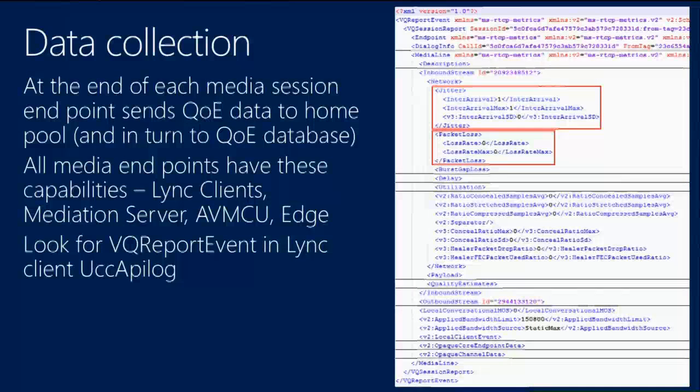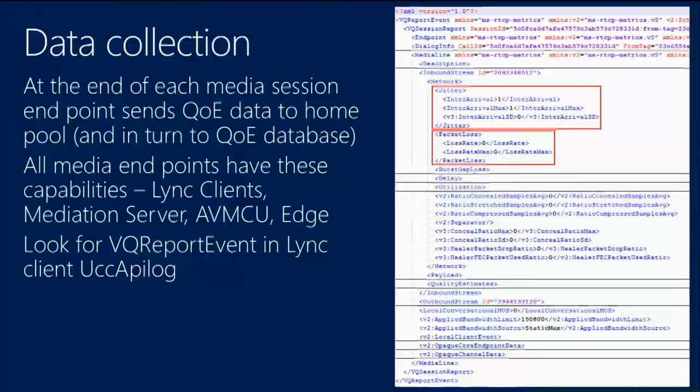So imagine a situation where you have an audio call with somebody else, you hang up the call. What happens after that, the media component on a client will be sending an XML blob via SIP back to the home pool for that specific user. And then through that pool, the data will eventually end up in a SQL database.